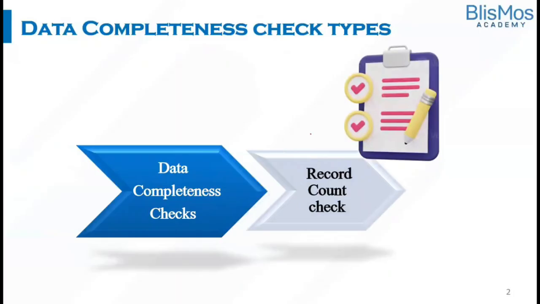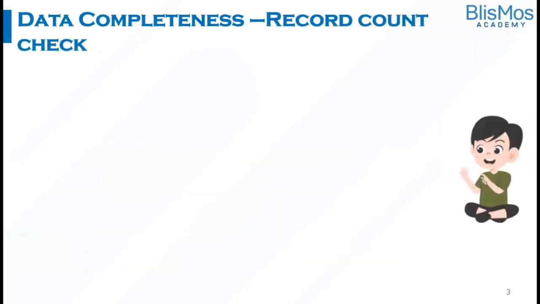Record count check is a part of data completeness check. Essentially, by doing the record count, you are ensuring your data is complete. If I ask you a question, when we are working in big data, do you think everything will go as expected? Everything will be hunky dory? Not really.